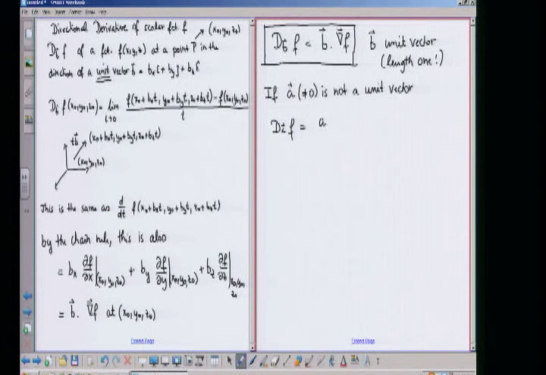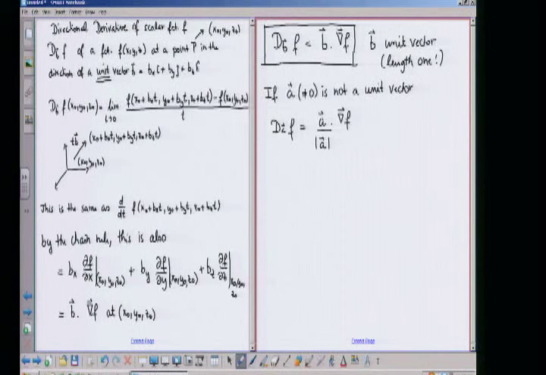So we take the dot product between A and the gradient of f, but we divide by the length of A. Whenever I ask you to take the directional derivative in the direction of a vector that's not a unit vector, you're supposed to divide by the length of A.